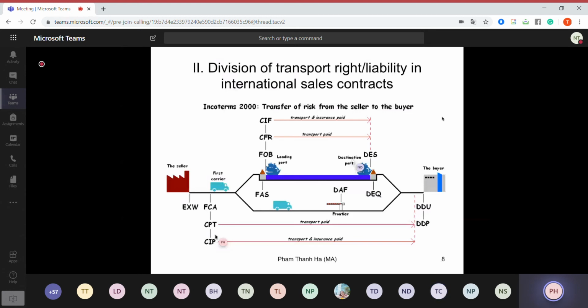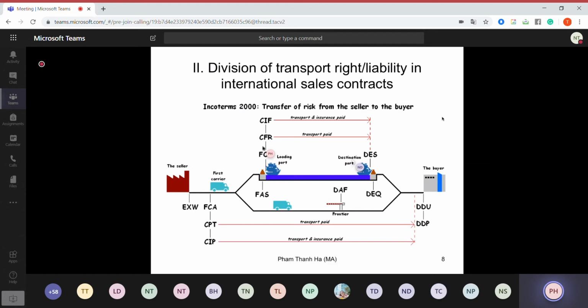So please remember, in the C group, generally speaking, we have four terms and conditions, which are CIF, CFR, CPT, and CIP. We have analyzed the difference between the CIF and CFR, and also the difference between the CIF and CIP.